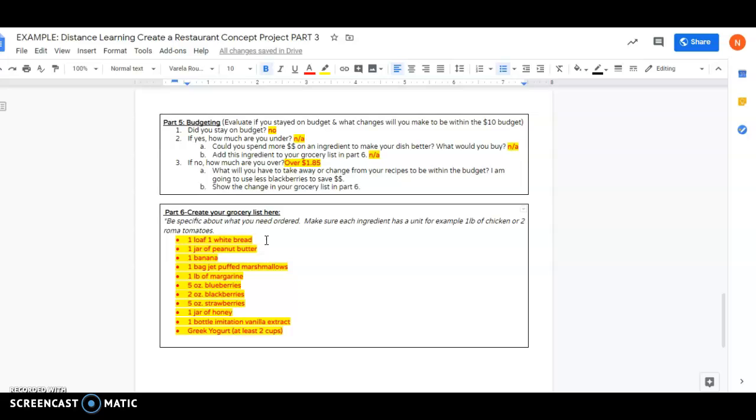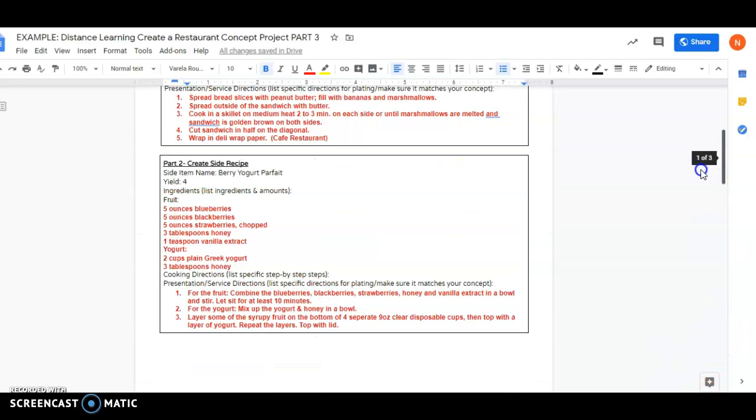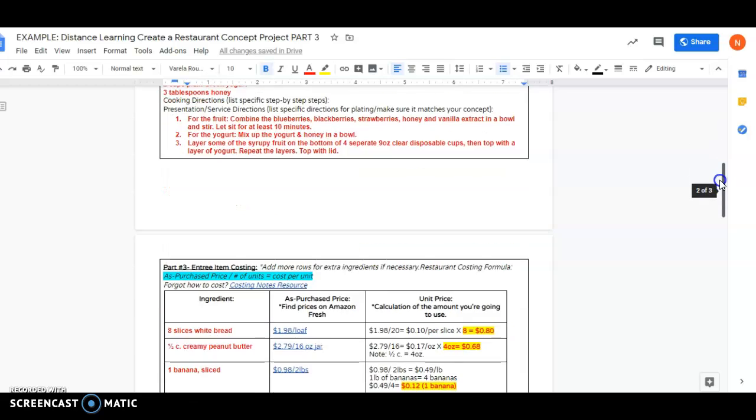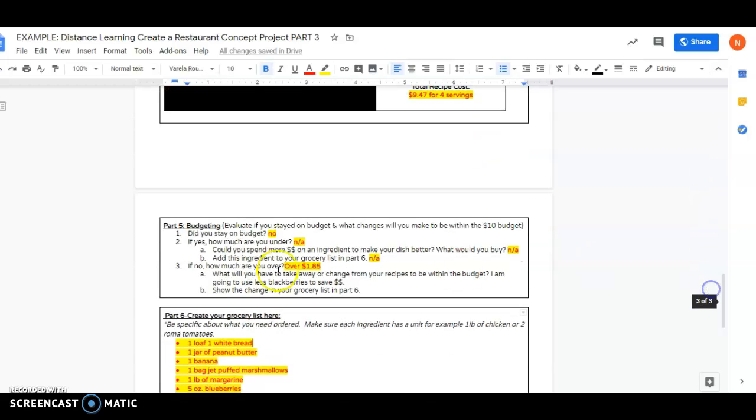So when you create a grocery list, it has to be the full amounts, the way it's going to be sold. So I'm ordering 1 loaf of white bread. I can't just order a half cup of peanut butter, so I'm going to order a jar of peanut butter and so on. So use this as your reference. Remember, you're trying to stay within a $10 budget. If you go over, or if you're under, then you'll reflect on that within part 5.